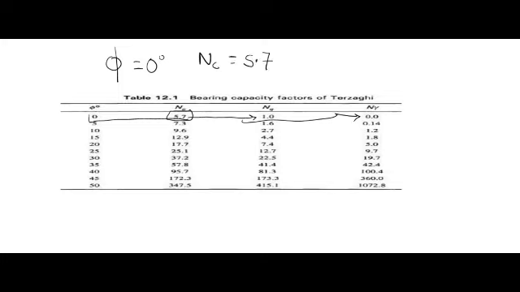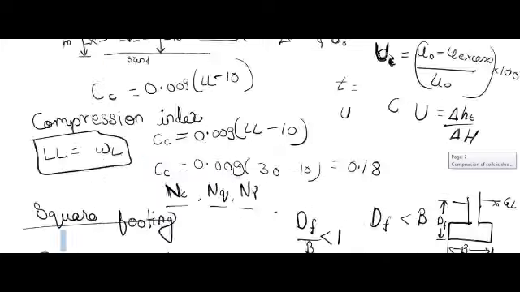But in our problem Nc is given as 6.9, so we don't have to assume this particular value. Otherwise, Nc is 5.7, Nq is equal to 1 and N gamma is equal to 0.